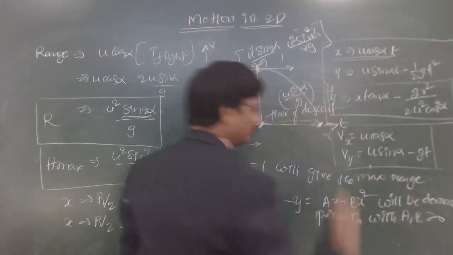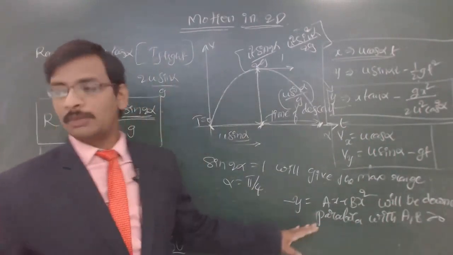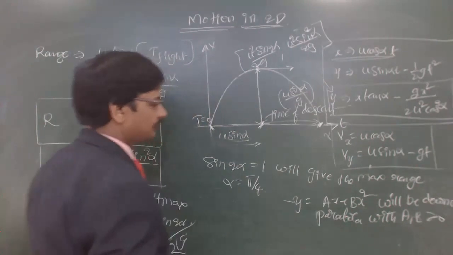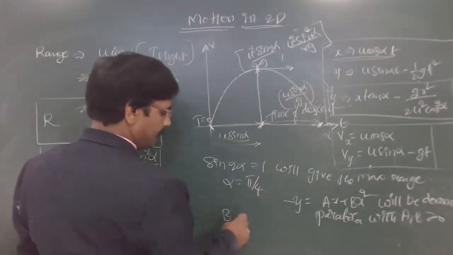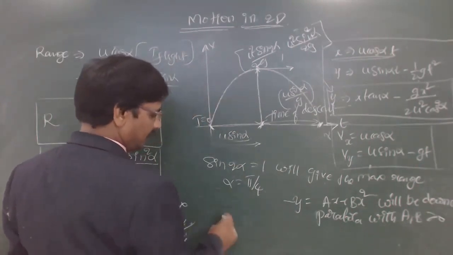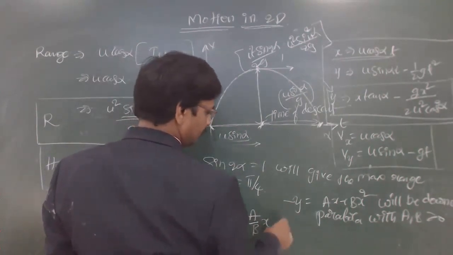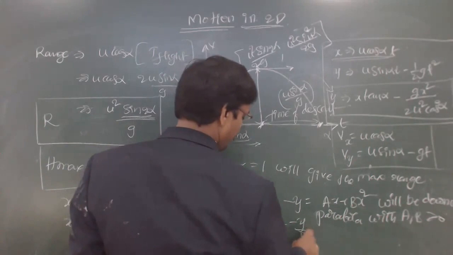Then this is going to be the downward parabola. Now the standard methodology of converting this: I will divide the entire equation by b, so x square plus a by b times x is equal to minus y by b.